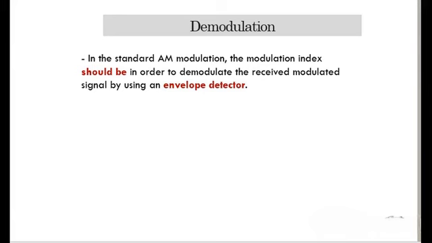The demodulator is an electronic circuit that converts the information content from the modulated wave. Demodulation is the process of decoding the modulated signal into its original form. There are three types of modulation: amplitude, frequency, and phase modulation.